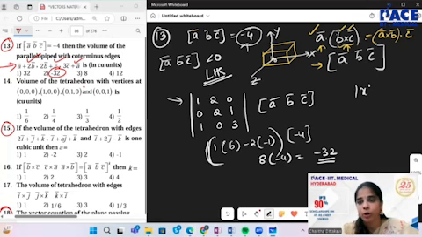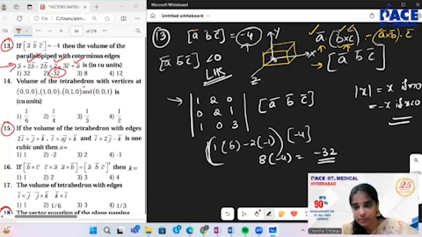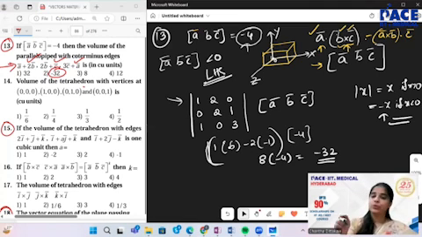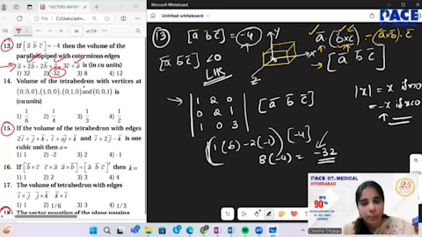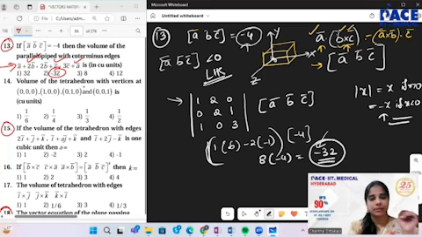See, when you observe mod x equal to x if x is greater than 0, and mod x equal to minus x if x is less than 0 is what we consider. Why are we considering this minus sign? Because we have to convert that negative value to positive by taking another negative sign, that is minus of minus positive. Understood. So hence that is the reason why we are including a minus sign in our answer definitely. Is that clear? Right? So minus 32 is only our answer there.